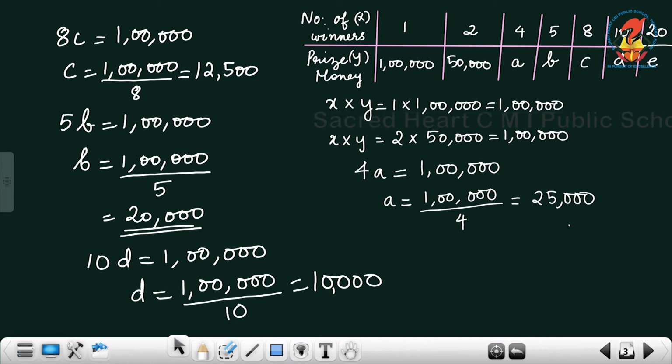But for inverse proportion, if one quantity increases, then the other quantity decreases. As the prize money remains the same, when the winners increase, prize money decreases. Okay? So we will do the next problem.